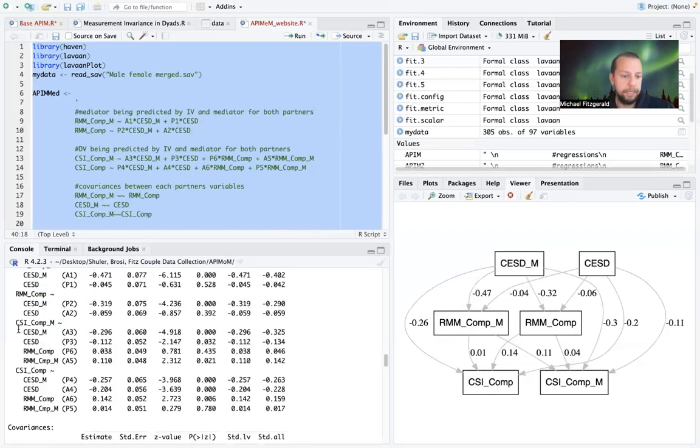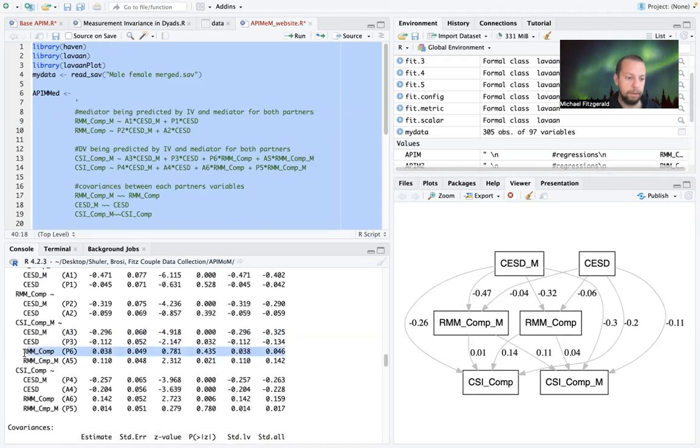And as we can see, it is being significantly predicted by male depression, as well as female depression. So female depression is having a significant effect on male relationship quality above and beyond male depression, as well as male and female mindfulness, right? So this would be, again, another partner effect.